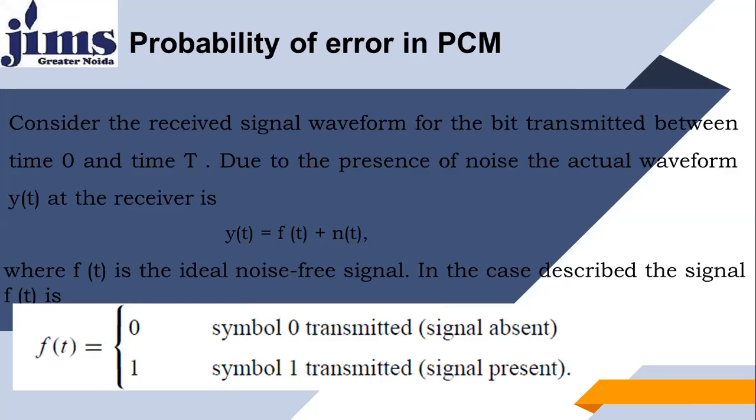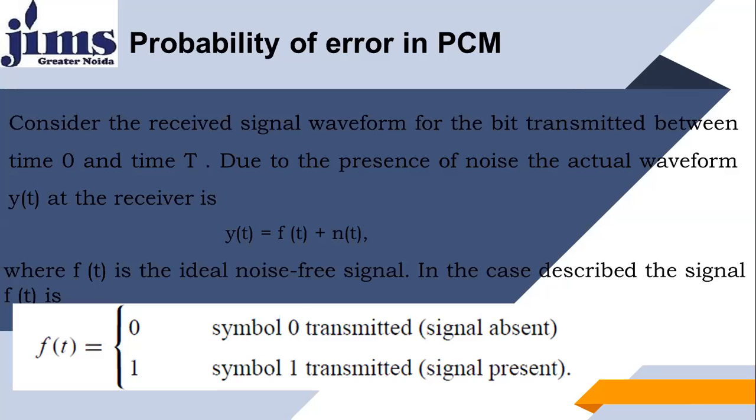This is your real signal. So this f(t) may be represented as 0 or 1. The symbol 0 transmitted means signal is absent, and symbol 1 transmitted means signal is present. So f(t) is either 0 or 1, right?